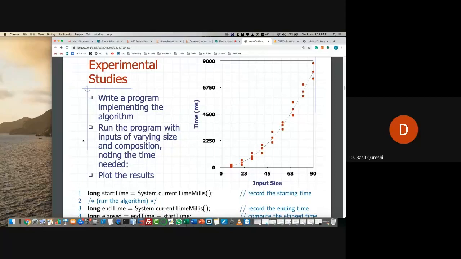So the problem with experimental studies is they are time intensive. In computers, that's very easy because the job of the computer is to compute. Technically, if you have a good enough computer, you should be able to run any number of experimental studies. But that's not always the case. Let me show you why.